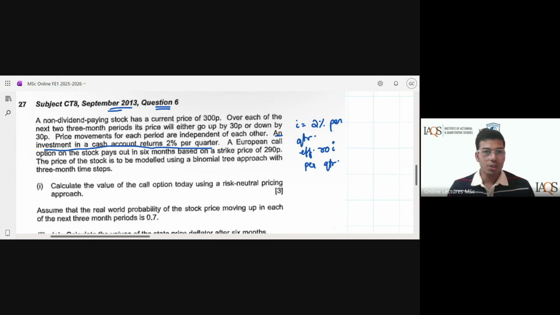First, evaluate whether it's a recombining model or a non-recombining model because they haven't said anything per se.